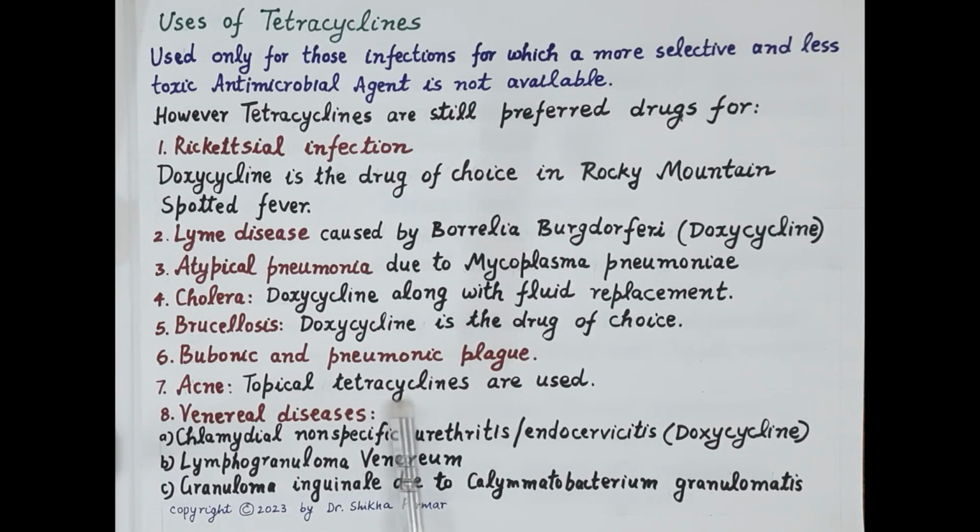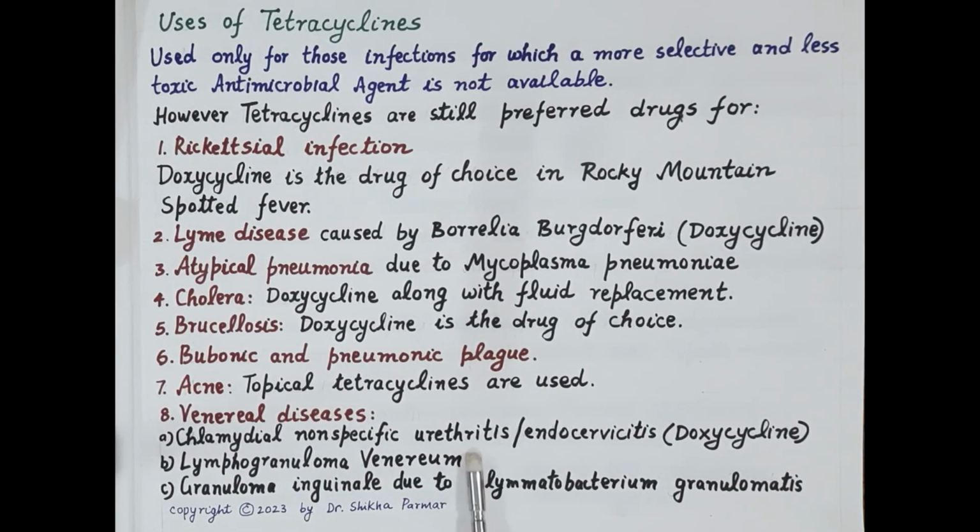Then topical tetracyclines are used in the treatment of acne. Then tetracyclines are very effective in the treatment of venereal diseases or sexually transmitted diseases. Now doxycycline is a drug of choice in the treatment of chlamydial non-specific urethritis.